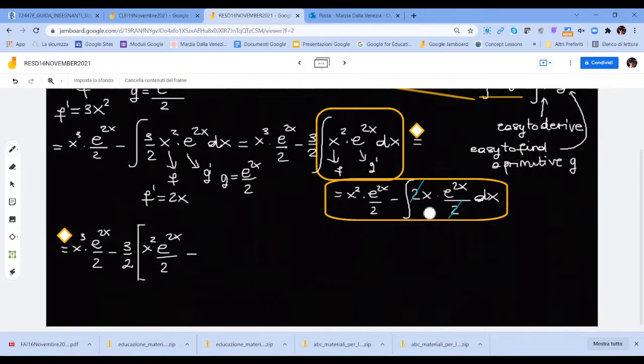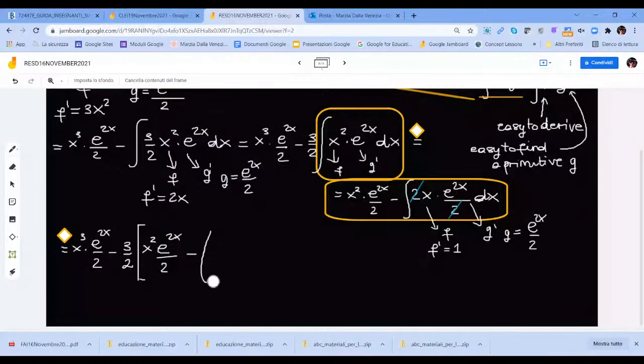So what is, again, f and g? This is f and this is g prime. F prime is 1 because it is the derivative of x. And g is, again, e to the 2x divided by 2. Okay, so what is this integral?